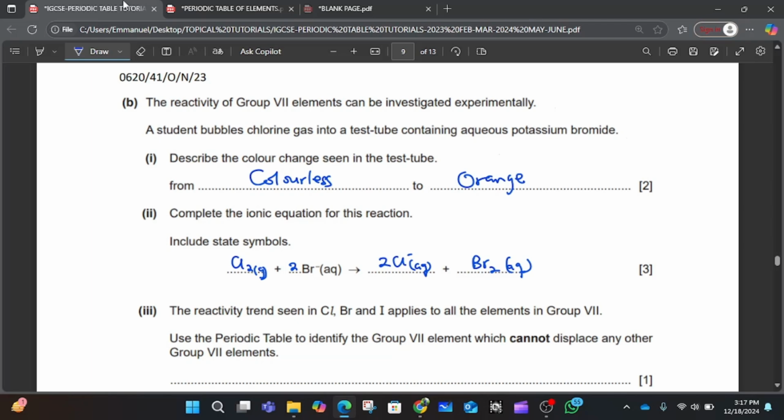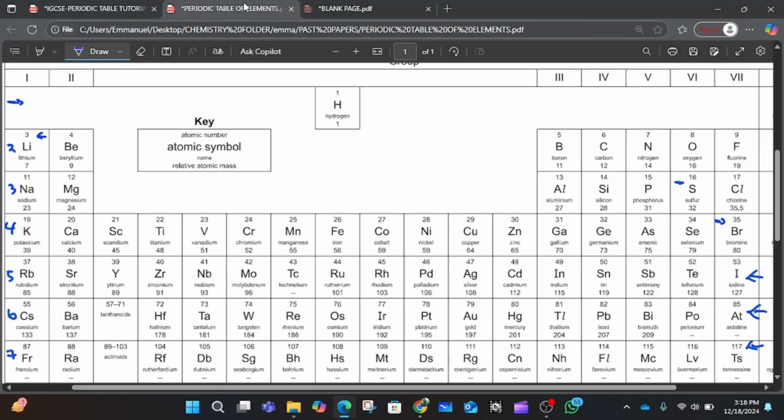III. The reactivity trend seen in Cl, Br, and I applies to all elements in group 7. Use the periodic table to identify the group 7 element which cannot displace any other group 7 elements. So if you look at the periodic table, it is tennessine, that is the last element in group 7.